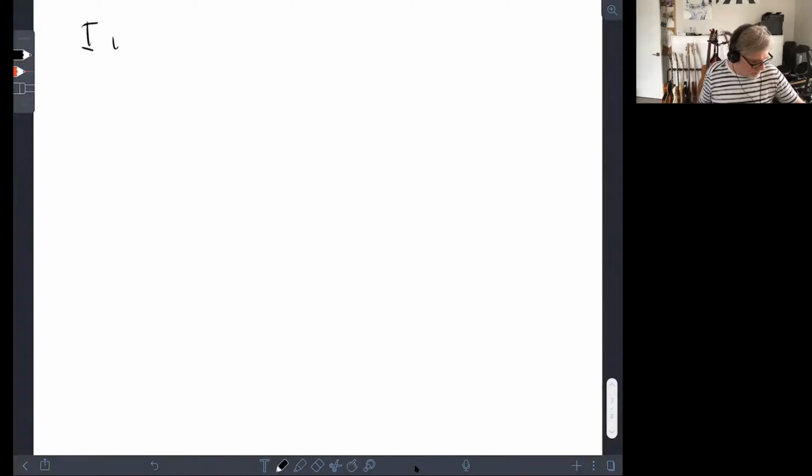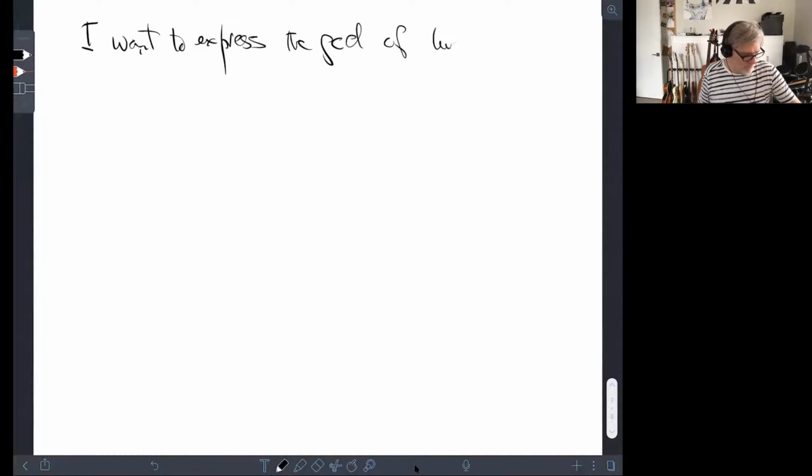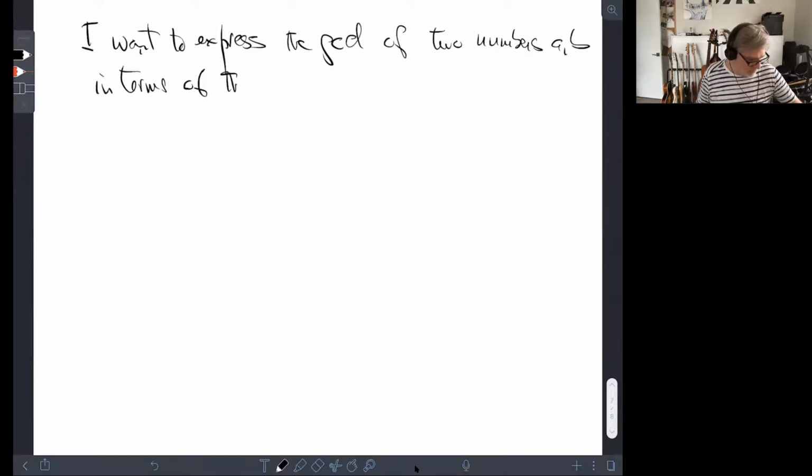I want to express the GCD of two numbers A, B in terms of their prime decomposition. Okay.